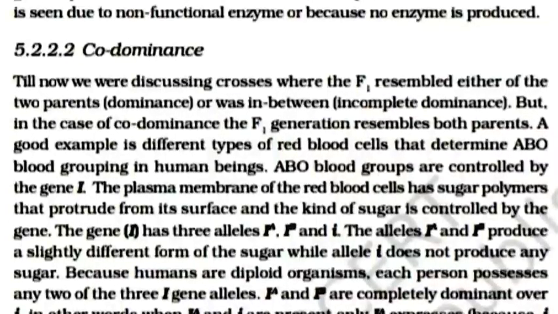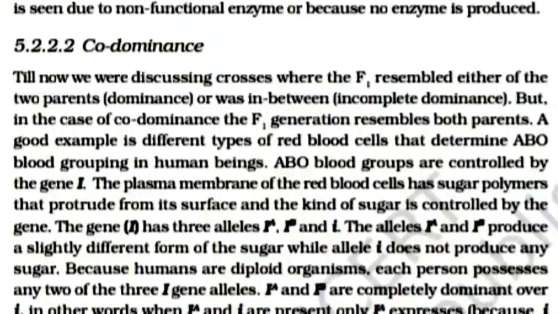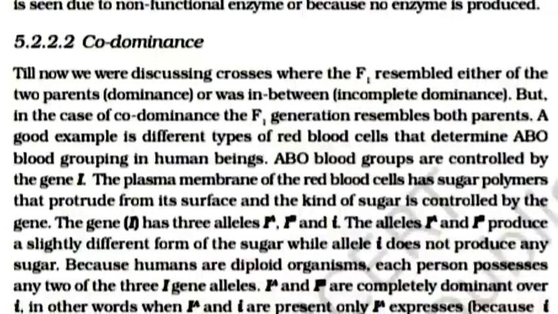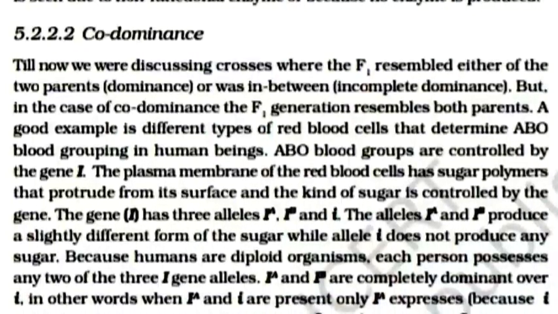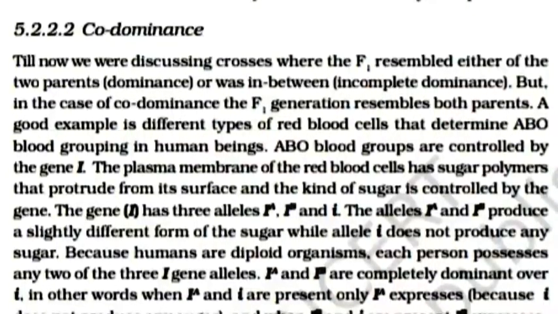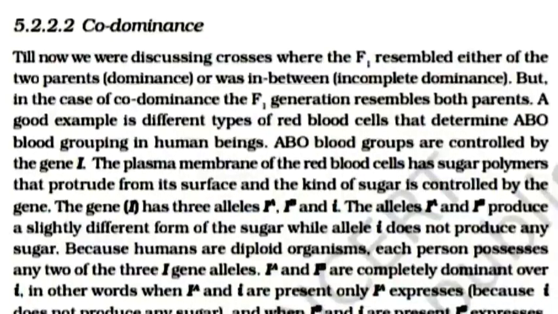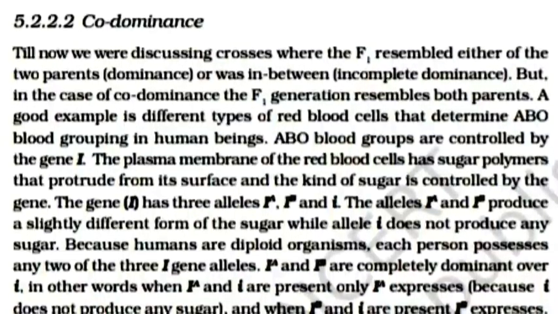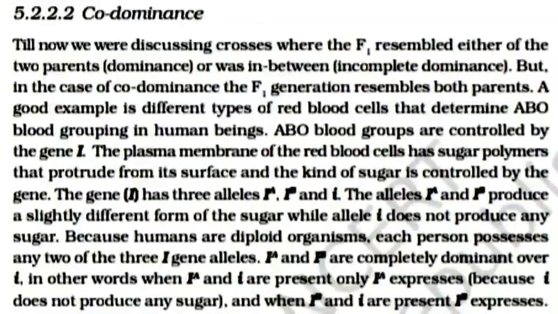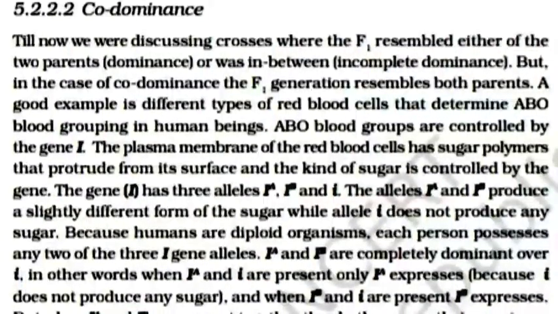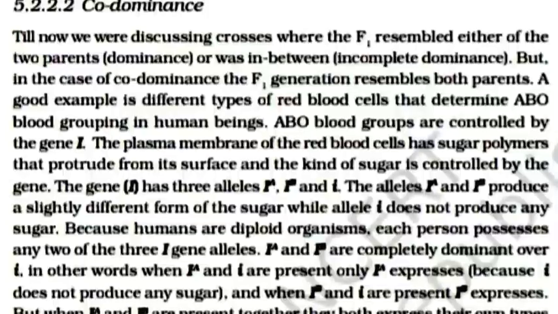ABO blood groups are controlled by the gene I. The plasma membrane of a red blood cell has sugar polymers that protrude from its surface, and the kind of sugar is controlled by the gene. The gene I has three alleles, I A, I B and small i.